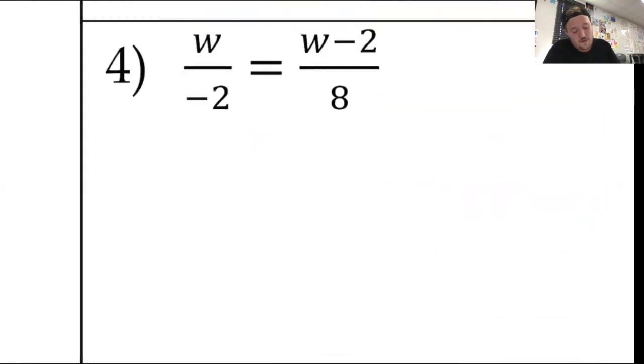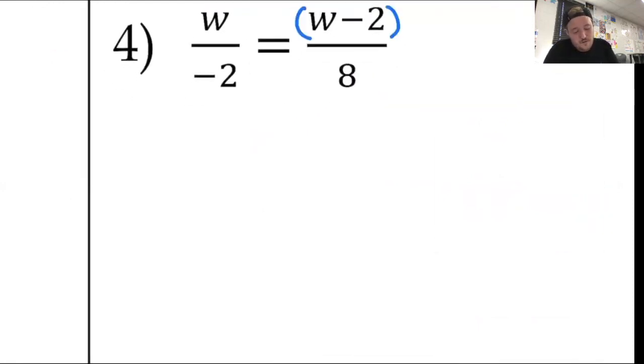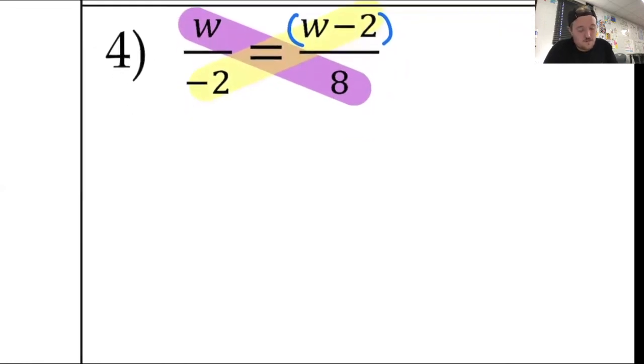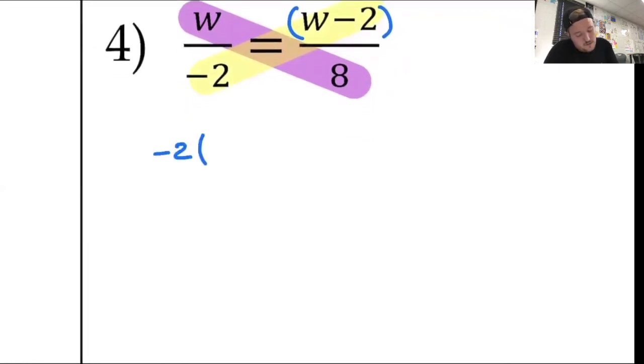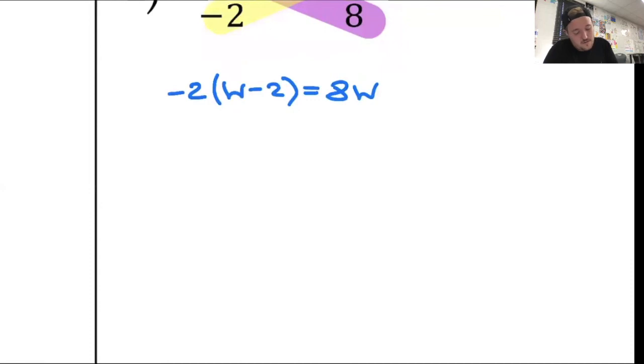All right. So first things first, parentheses. So cross multiply. Okay, so you're going to have -2, parentheses, w minus 2 equals 8w. So I'm going to distribute.